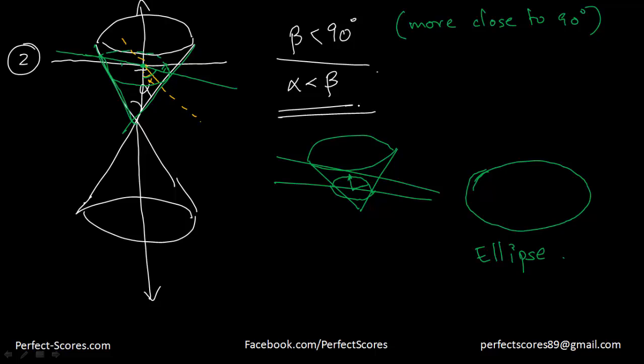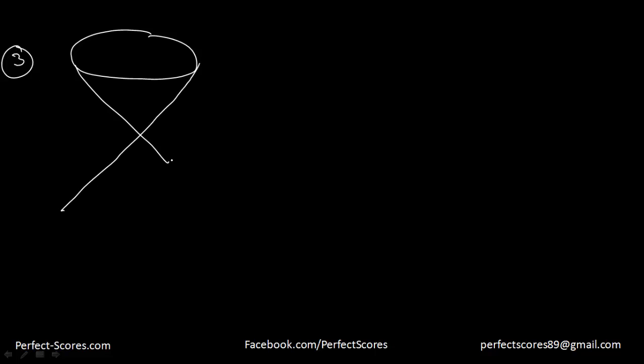And the next thing over here is when I make a cut. Let's suppose again I draw a cone. Now let's suppose over here I make a cut where alpha is equal to beta, right?